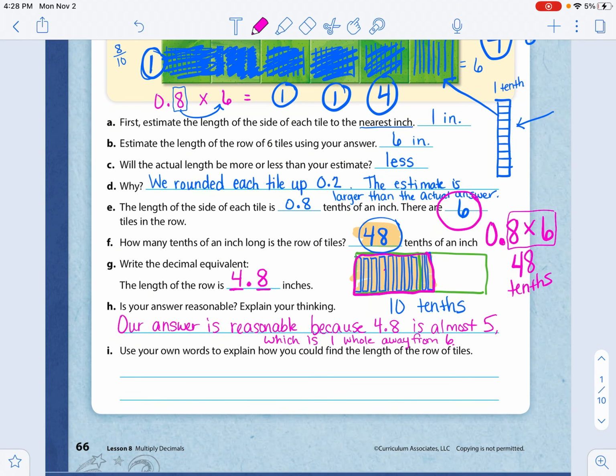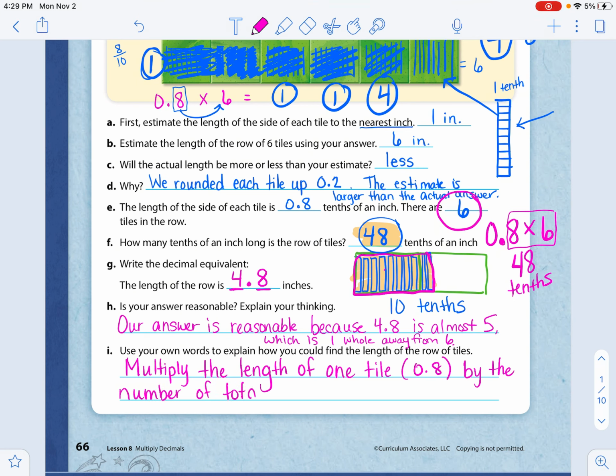So what we can do is multiply the length of one tile, which is 8 tenths, by the number of total tiles, which was 6 total tiles. 48 tenths is the same as 4 wholes and 8 tenths.